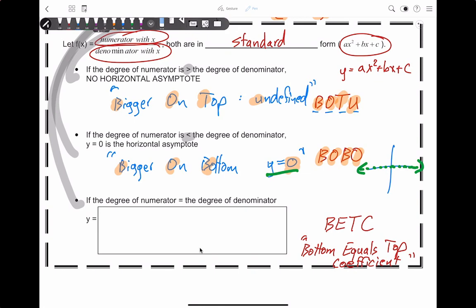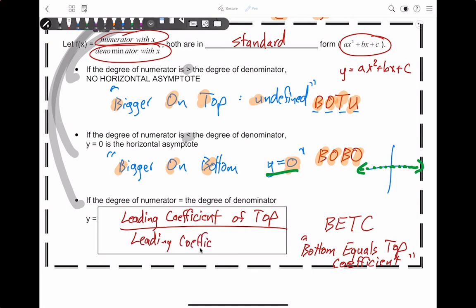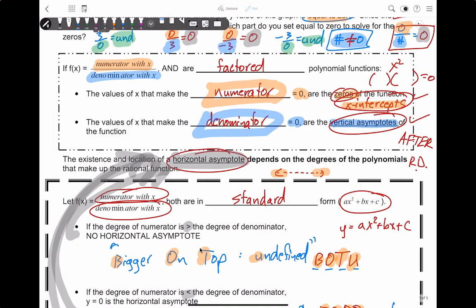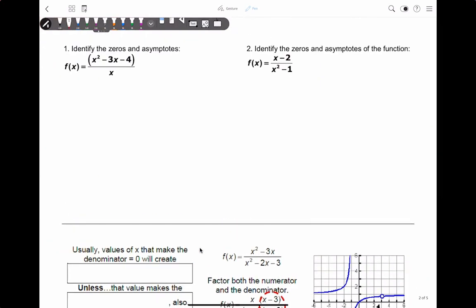And the leading coefficient, just a reminder, is the number that's in front of the biggest power of x. You're going to see all that here in action in just a bit, okay? But nonetheless, this is after the removable discontinuities have been accounted for, okay? So let's go ahead and move forward and look at some examples.